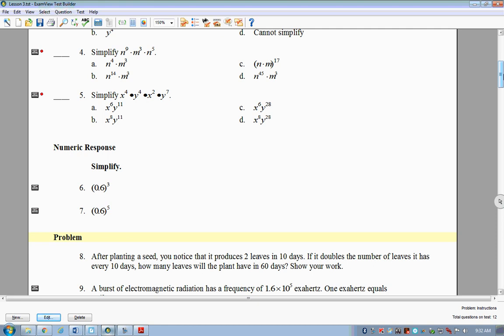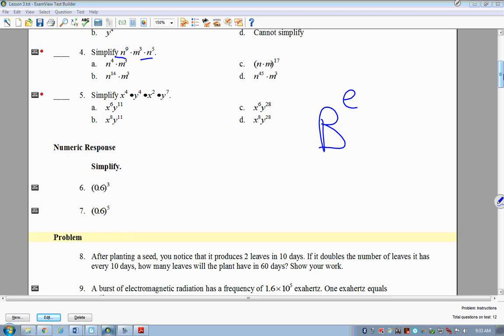Okay, so base, exponent. All right, what are the bases here? N and M are my bases. What are my common bases? No, 9 is not a base. It's an n. N is my common base, right?